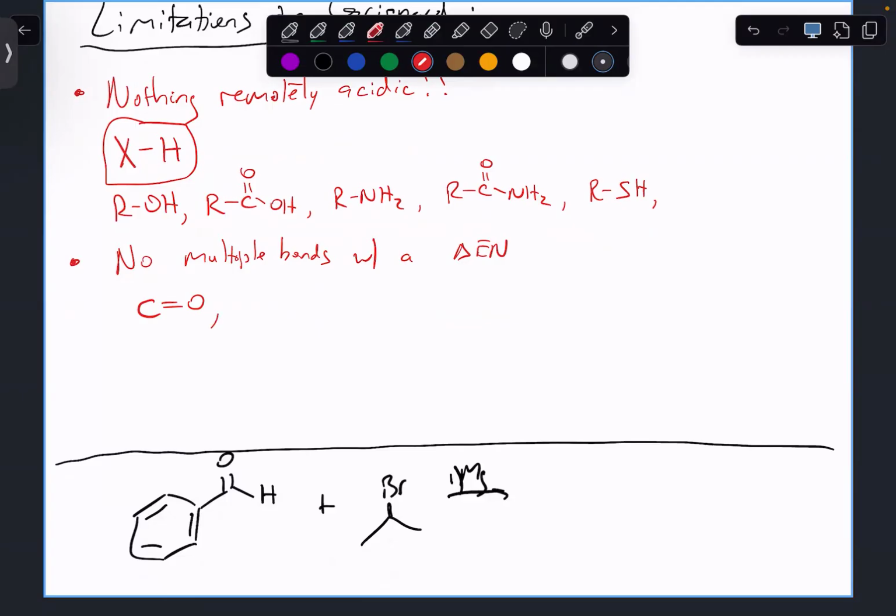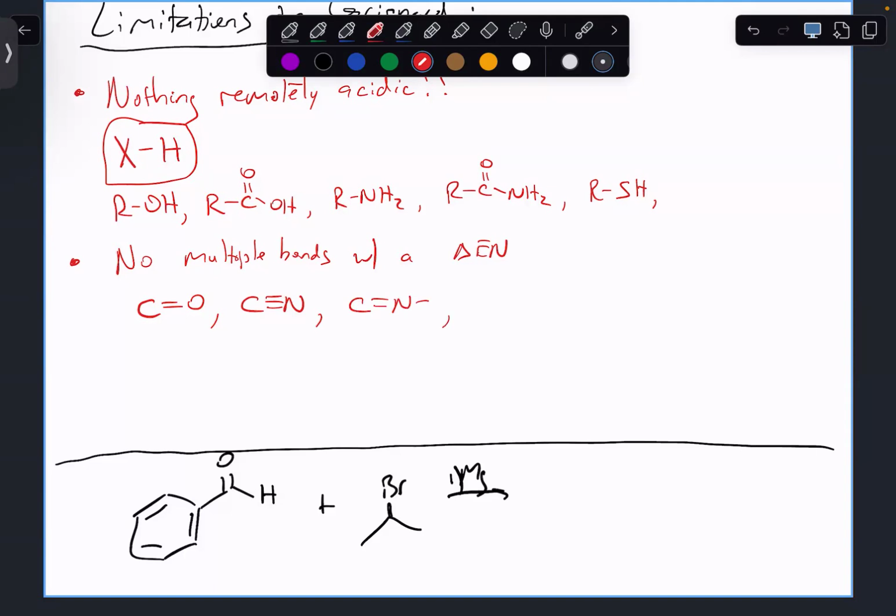You can't do this if your molecule possesses a C≡N triple bond, because it's a multiple bond where the two atoms have a difference in electronegativity. You can't do it if your molecule possesses a C=N double bond.